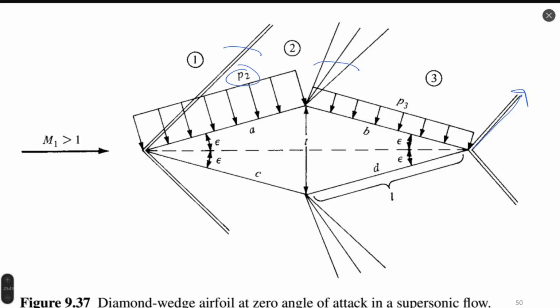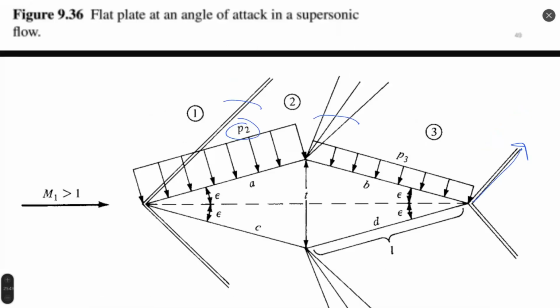So we have repeating flow structures here. If you have a shockwave in one part, you will also have an expansion wave. If you have an expansion wave in another part, you also have a shockwave. They always complement each other. It's not possible to have just shockwaves. You will have both shockwaves and expansion waves.